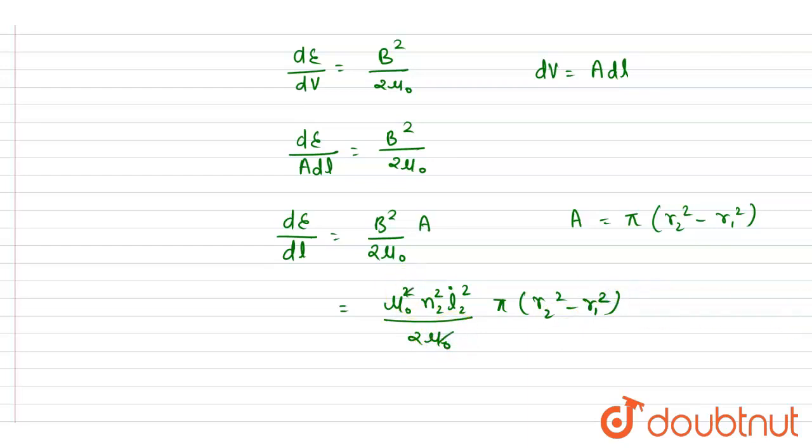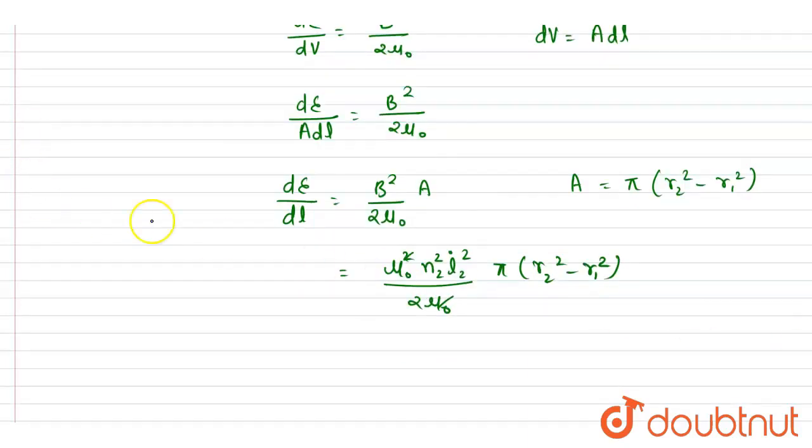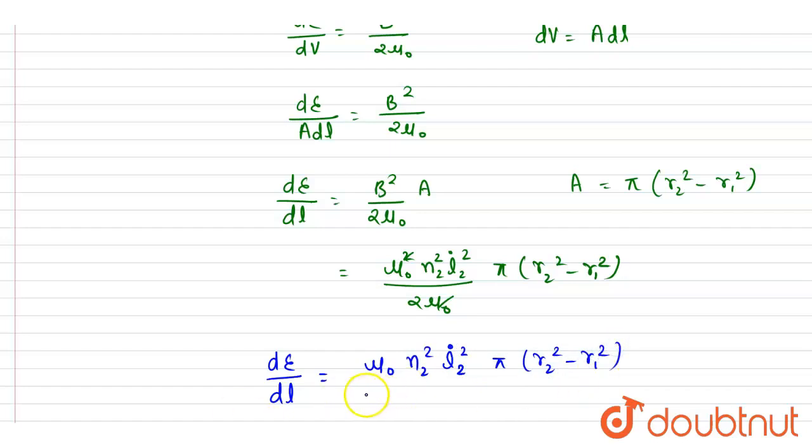This mu naught will get cancelled out, and finally dE by dl, the energy stored per unit length, will be equal to mu naught N2 square I2 square pi (R2 square minus R1 square) divided by 2. This will be the answer of this question.